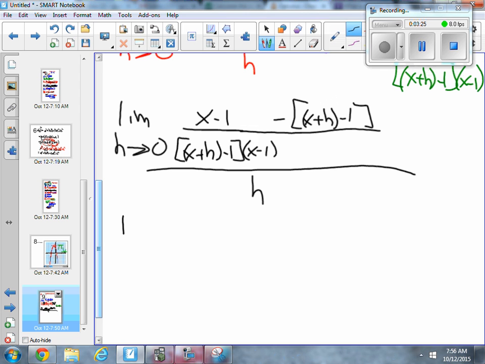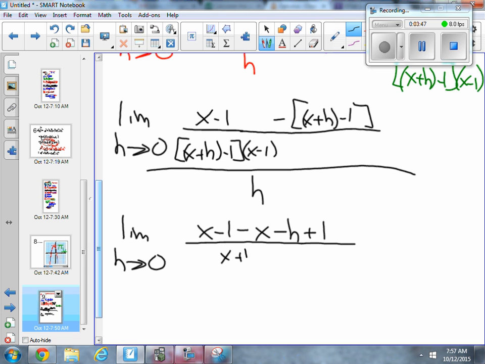So I have the limit as h approaches 0 of x minus 1 minus x minus h plus 1, divided by x plus h minus 1 times x minus 1, again all over h.